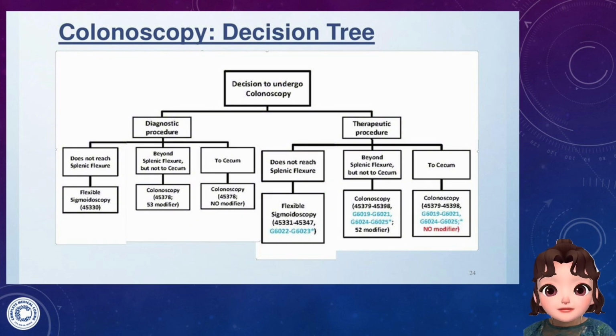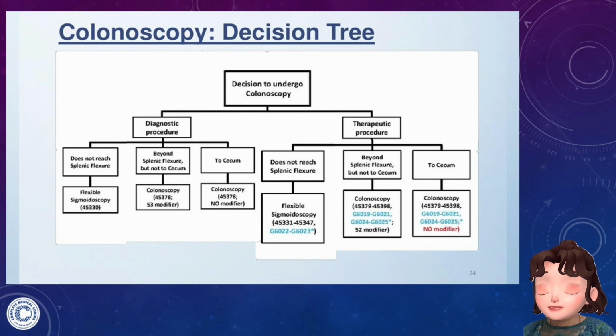Now, if it is a therapeutic procedure and the physician does not reach the splenic flexure, you need to code a flexible sigmoidoscopy code. It ranges from 45331 to 45347. The other G codes, just ignore them. We don't really require them.